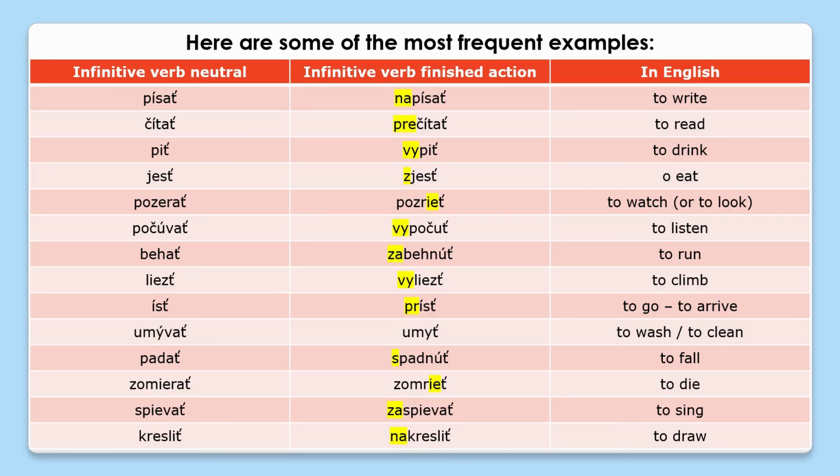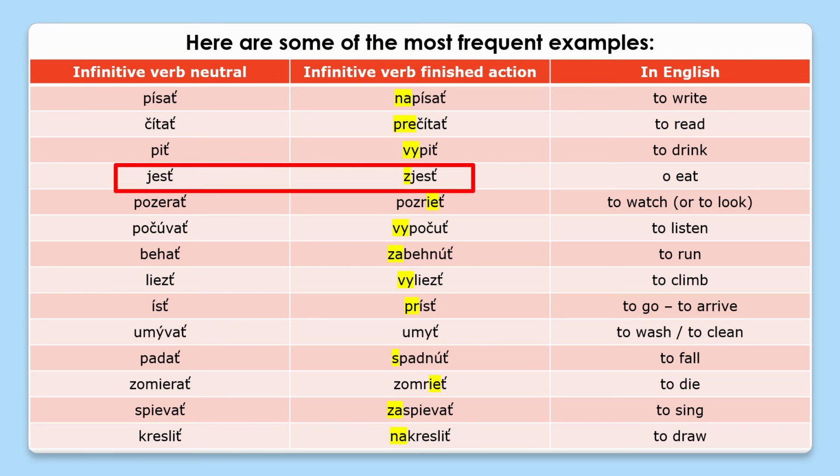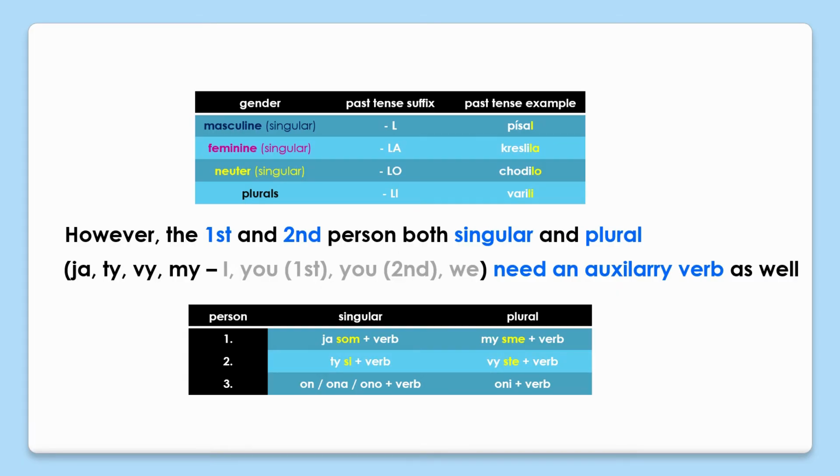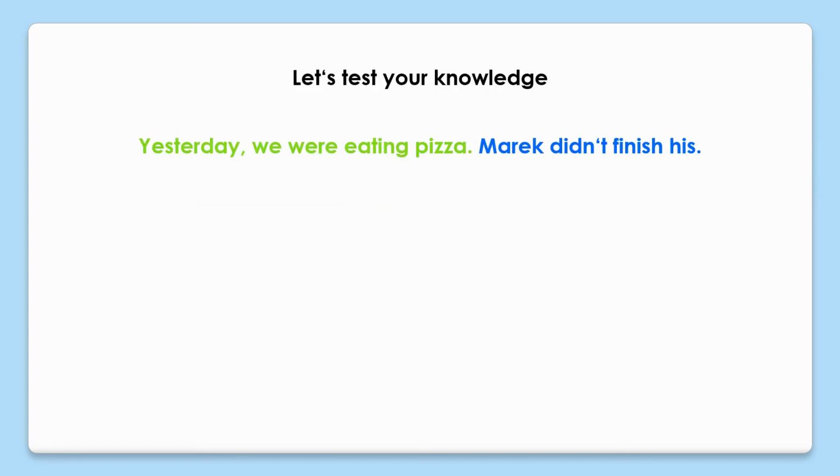So, to eat, yesterday we were eating pizza, Marek didn't finish his. Včera sme jedli pizzu, Marek nezjedol svoju.